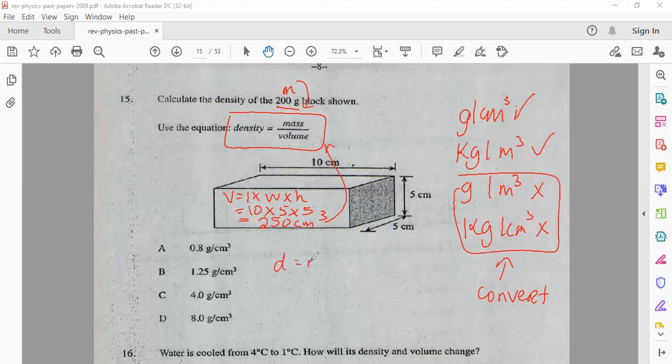Density is equal to mass over volume. The mass is 200 grams and our volume is 250 cubic centimeters. Plug that in your calculator and we're going to find that our density is 0.8 grams per cubic centimeter. There it is. That's A.